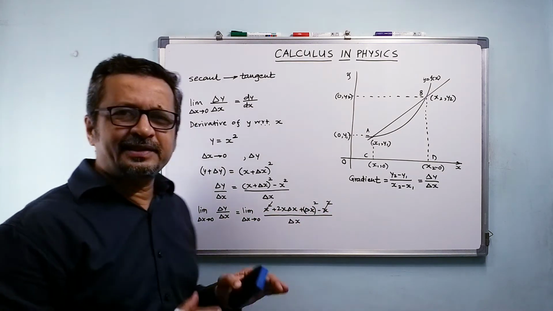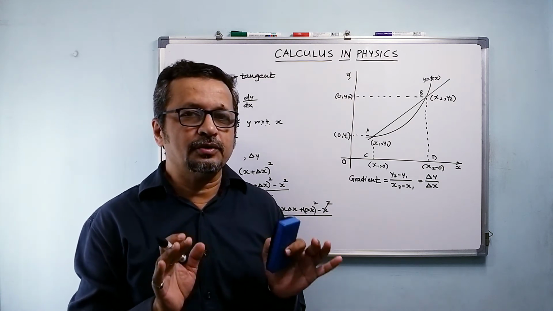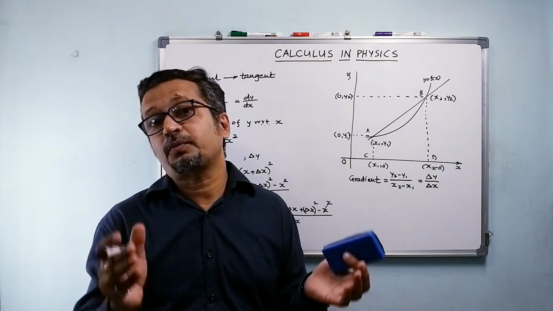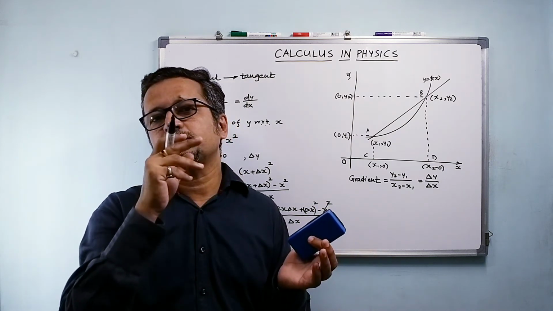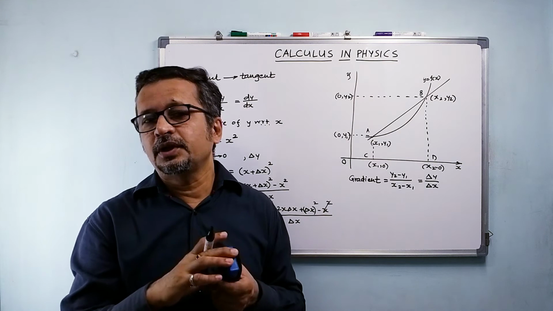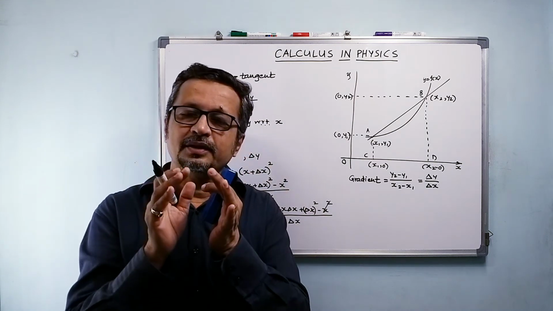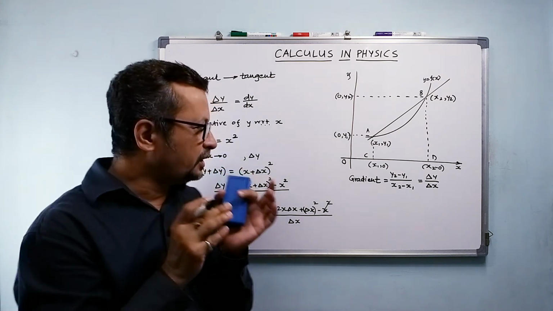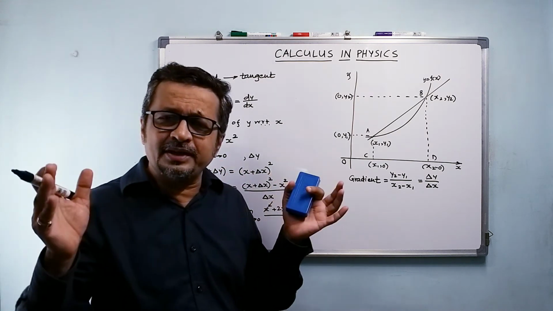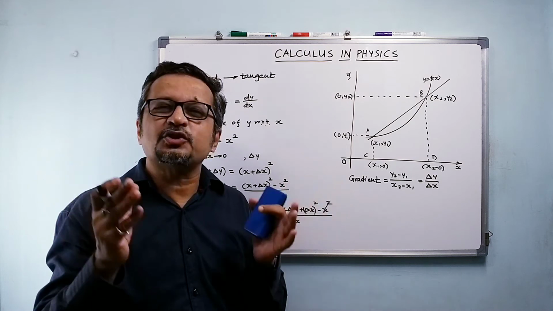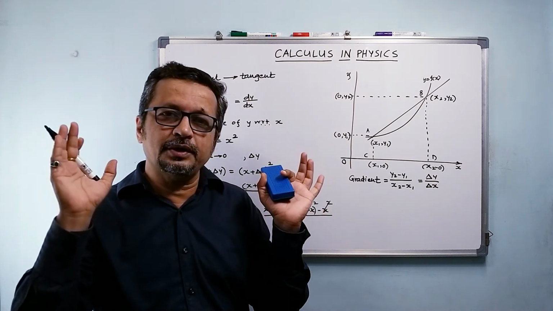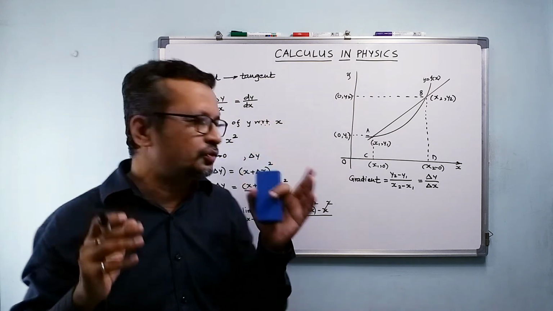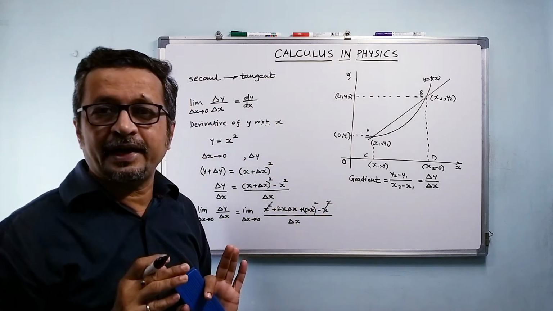This delta x is infinitesimally small. Take this example: 0.1 square is 0.01, and 0.01 square would be 0.0001, isn't it? So if my delta x is infinitesimally small, its square would be even smaller, very, very small, almost equal to 0. So I will ignore this delta x square.